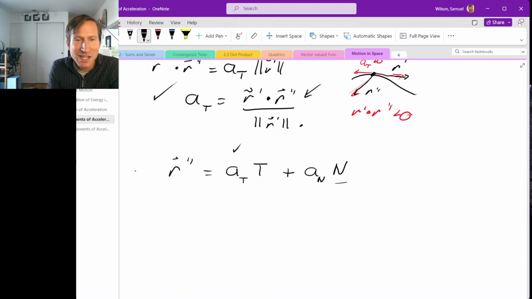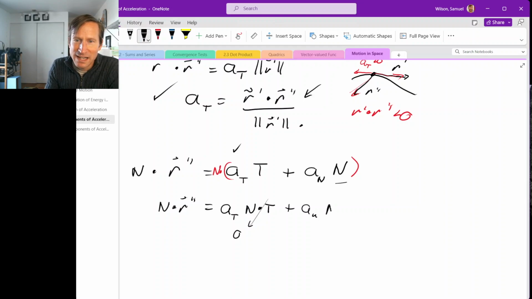You might think, let's dot this with n, because now when we distribute our dotting with n on the right-hand side, we're going to get 0 for this first part, and that's true. So n dot r double prime equals tangential acceleration times n dot t, and this is indeed 0, plus a sub n, and then we get n dot n.